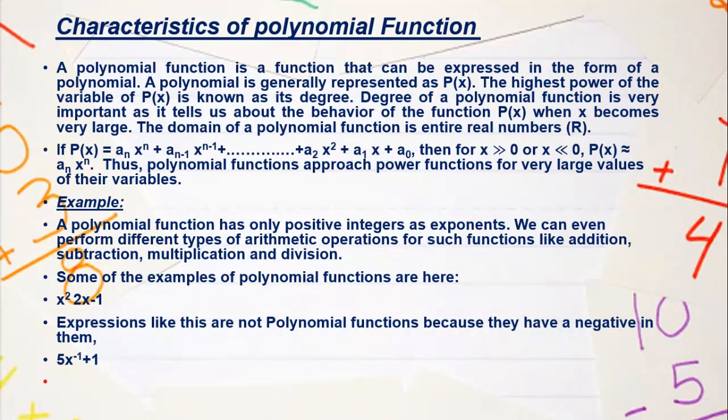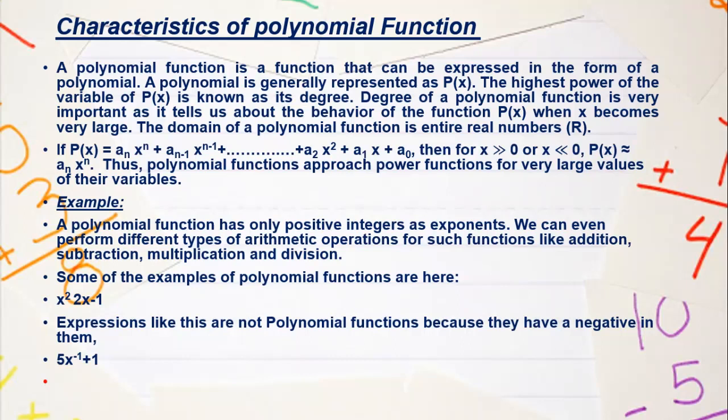If P(x) is equal to a_n x^n plus a_(n-1) x^(n-1) plus, and so on, plus a_2 x^2 plus a_1 x plus a_0, then for x greater than 0 or x smaller than 0, P(x) would behave the same as a_n x^n.